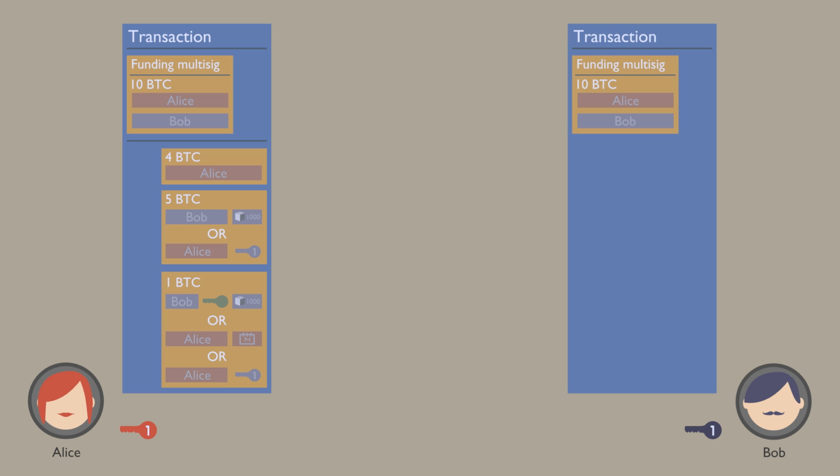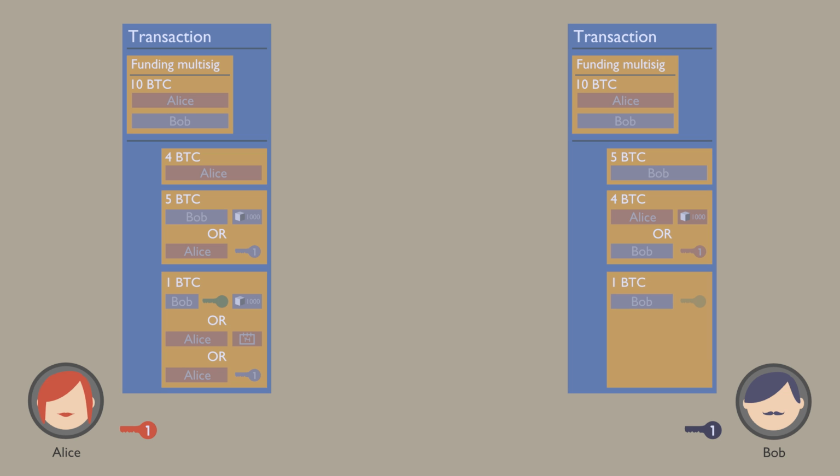Bob creates a similar transaction. He sends 5 Bitcoins to himself, 4 Bitcoins to the regular special address, and 1 Bitcoin to a new special address. This new special address can be unlocked by himself if he has Carol's value, or by Alice after a certain date, which is the same date as for Alice's transaction. The Bitcoin can also be unlocked by himself if he has Alice's secret key.